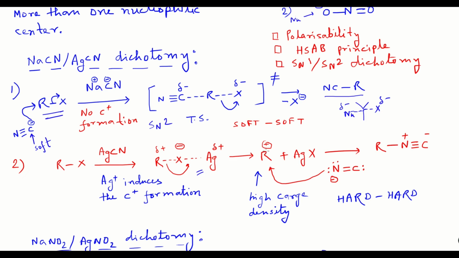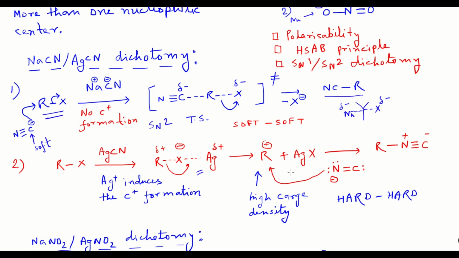Now look at this case very carefully. Carbocation contains a highly hard positive center. Why is it hard? Because the carbon is sextet, it has electron deficiency, and also it has a positive charge, so its polarizability is very low. Since its polarizability is very low and it is a charged center, it is hard in nature.